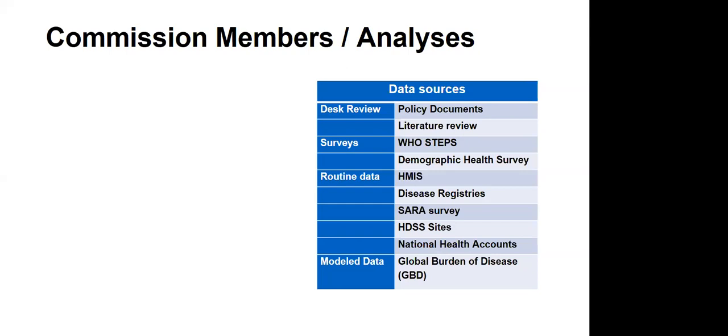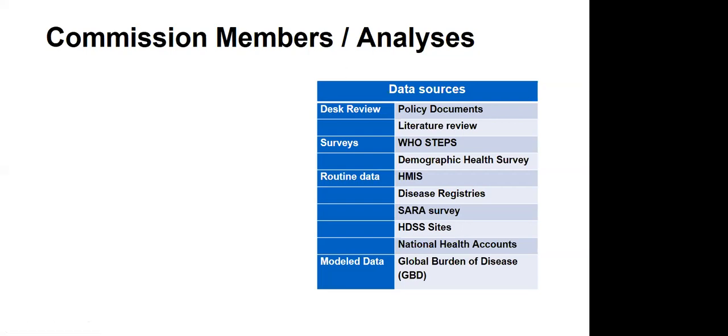So we looked at a number of data sources. For desk review, we had policy documents and literature. We looked at the WHO STEP survey and the demographic health survey. For routine data, we had the Health Management Information System, HMIS, disease registries, the SARA survey, the availability and readiness assessment, the health demographic and surveillance sites, and we also had the national health accounts.